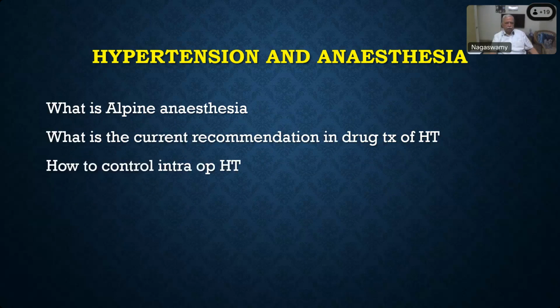Then how to control intraoperative hypertension? This is one question I think we'll have to discuss a little bit at this stage. Supposing you start an ischemic heart disease patient for major laparotomy, and intraoperatively the BP slowly starts going up. What will you do?